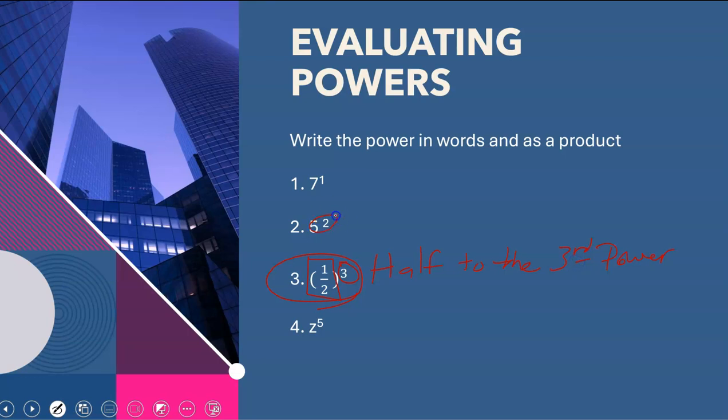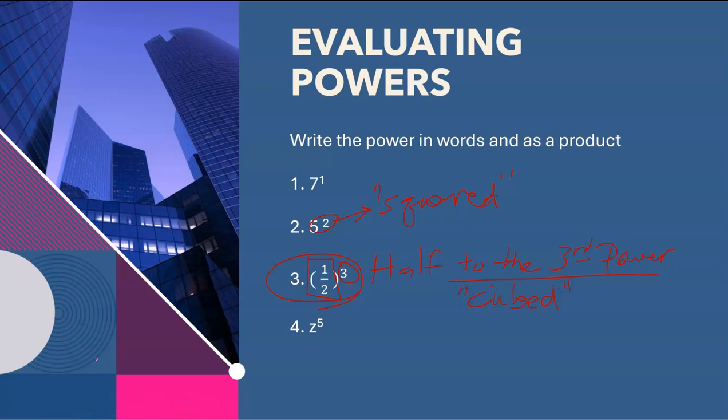Now, just like the 2, we have a little shortcut for 3 also. Instead of saying the third power, we could say half cubed. Okay? Either one is correct.